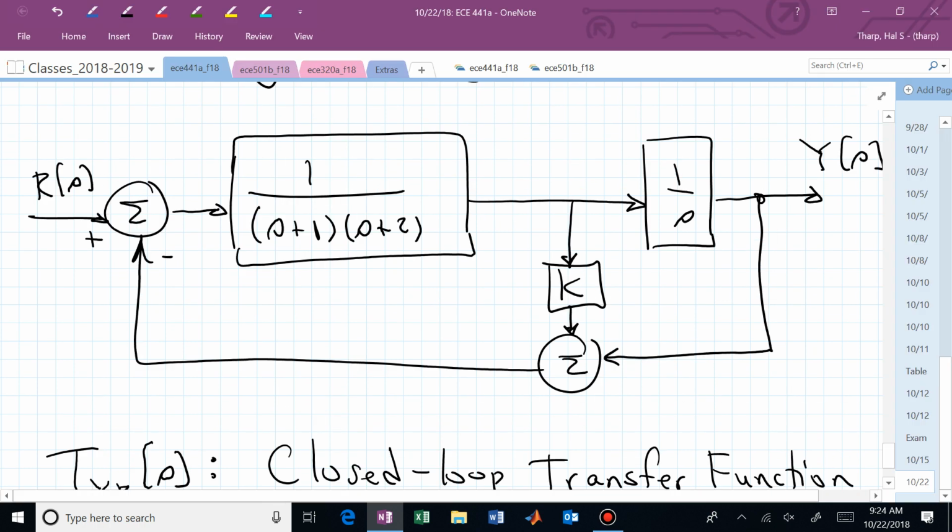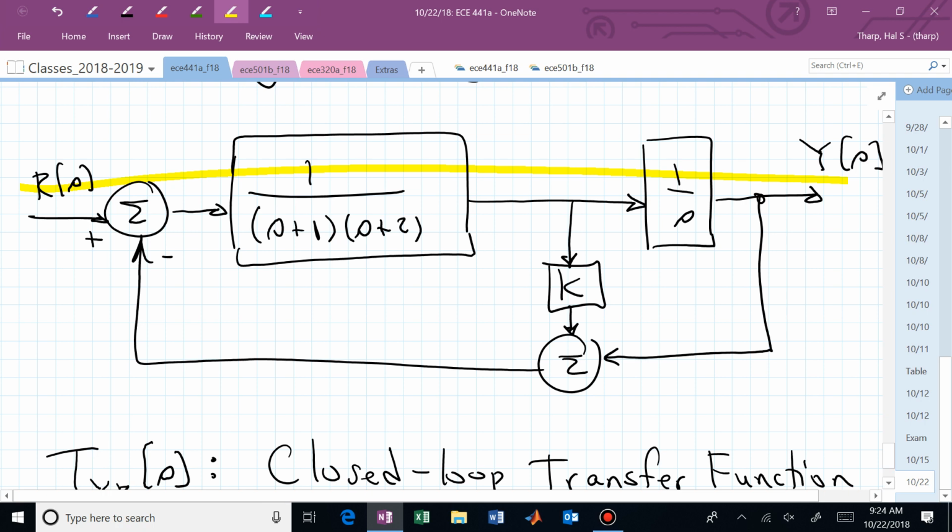So if we're using Mason's gain to find that, what's our strategy? Paths and loops, right? What's one path from R to Y? Hopefully you see that as just right there, right? The obvious.